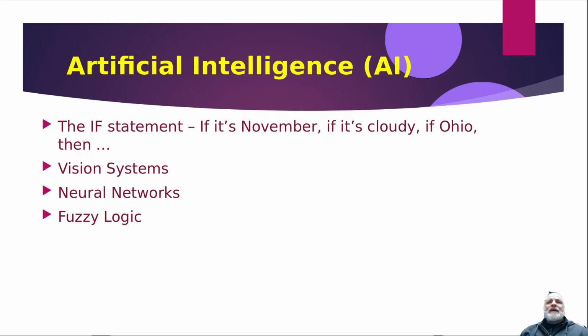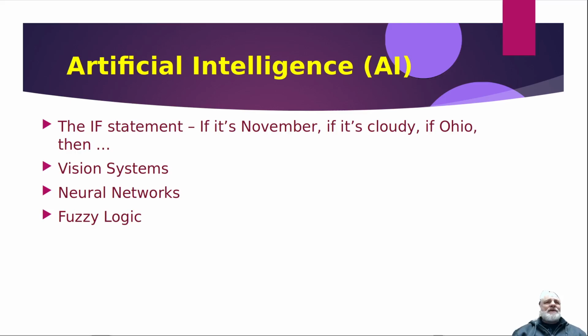So you can say, okay, if it's November, or in this case January, and it's cloudy and we're in Ohio, then guess what? It's cold today, right? So just lots of ifs, and then it just drills down until it resolves to a system.